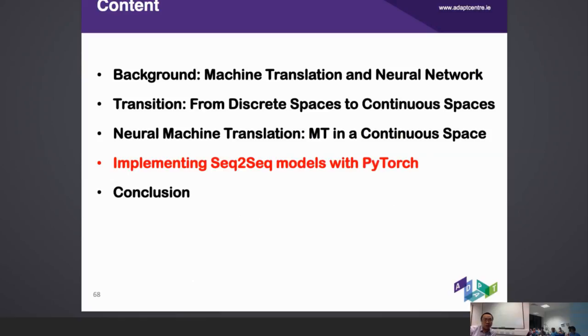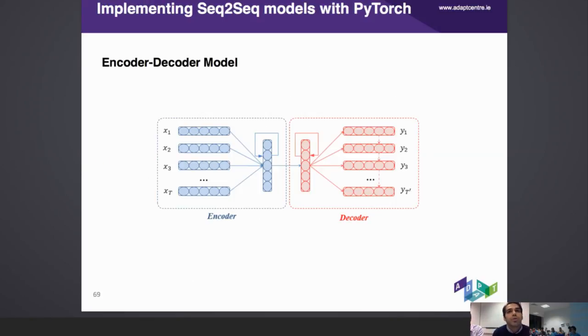Okay, then Peyman will introduce the implementation of a sequence-to-sequence model with PyTorch. So, okay, thanks to Professor Liu. He explained the neural machine translation with a fair amount of detail, so we are good to go. And now we can implement a neural model, like a sequence-to-sequence model, with PyTorch. I've worked with Theano and TensorFlow, but this is a personal opinion.